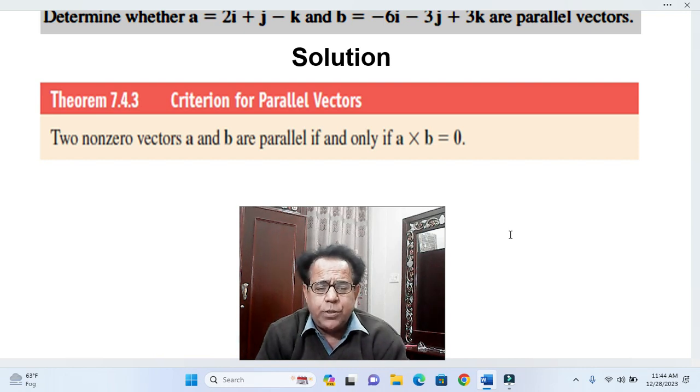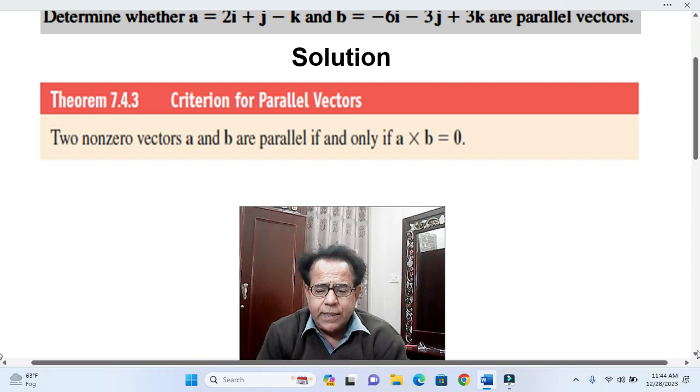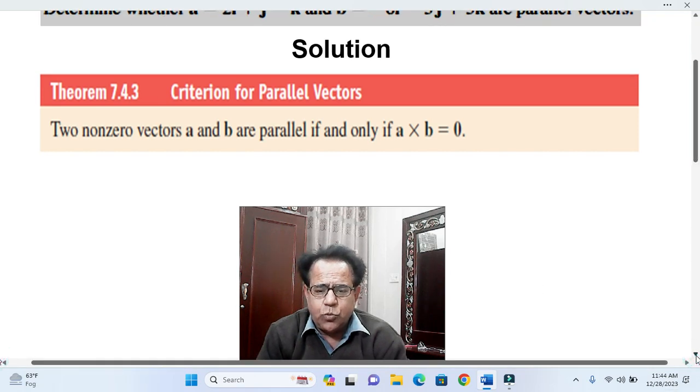This snapshot says two non-zero vectors a and b are parallel if and only if a cross b is equal to 0, that is, their vector product, their cross product, is equal to 0.